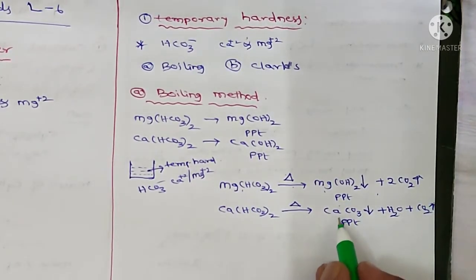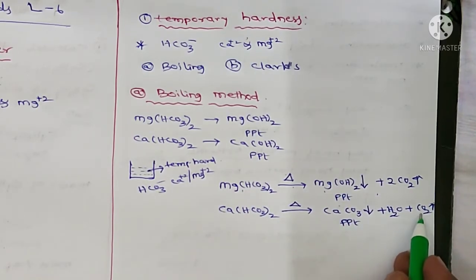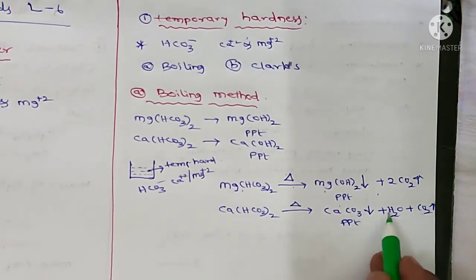So we can remove that calcium carbonate PPT by the filtration. After removing this PPT, what is present in the water? H2O and carbon dioxide. Means in that water there are no calcium 2+ ions, which are responsible for hardness. So this water is called soft water.